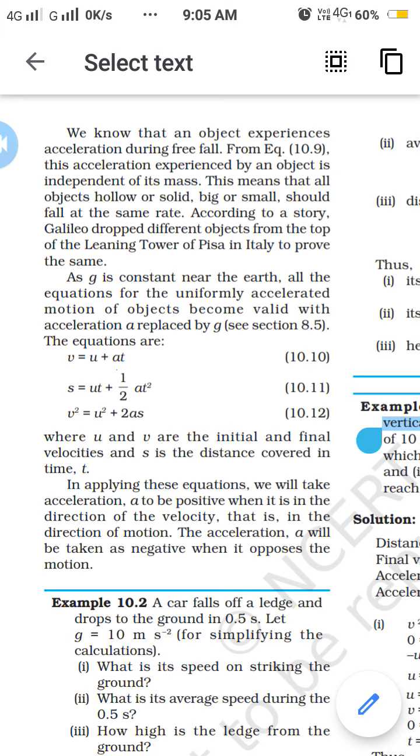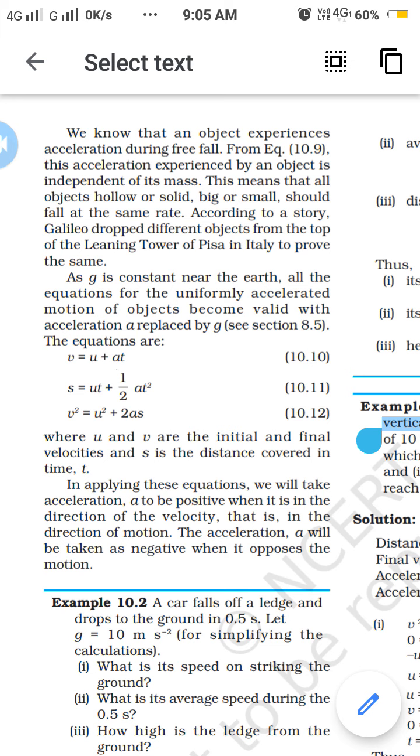Now, as small g is constant near the earth, with value 9.8 meter per second square, all the equations for uniformly accelerated motion that we studied in chapter number 8 apply: v equals u plus at, s equals ut plus 1 half at square, and v square minus u square equals twice as, that is, v square equals u square plus twice as.